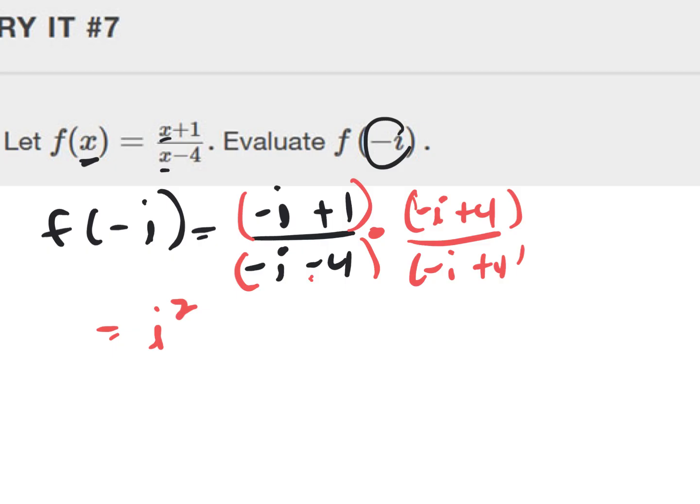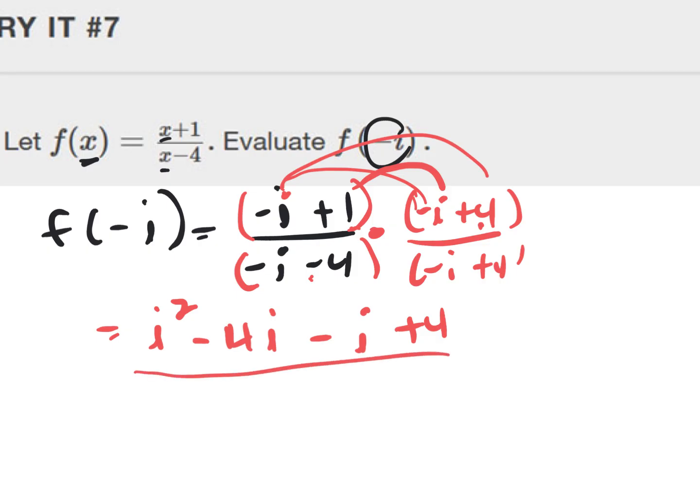First times first. Negative i times 4 is a negative 4i. A 1 times a negative i, negative i. A 1 times a 4 is a 4. All over, now remember, I'll know I'm right if the bottom loses all i's. If it doesn't lose all i's, I made a mistake.